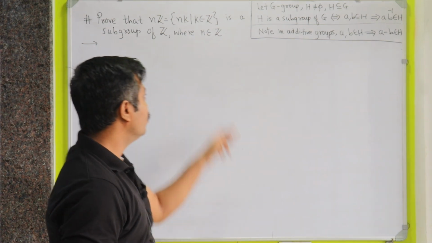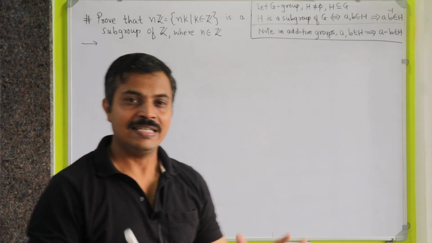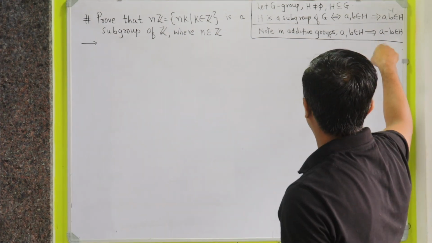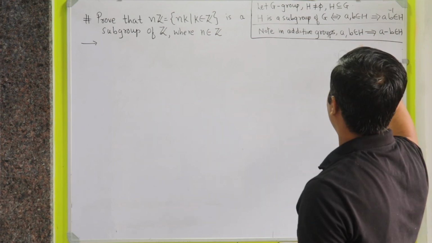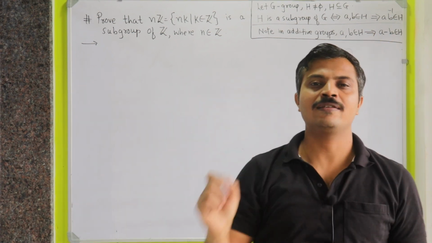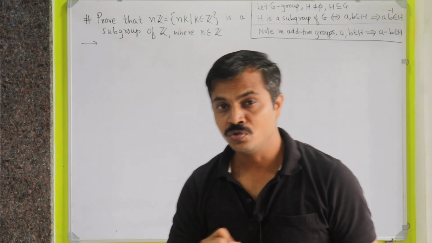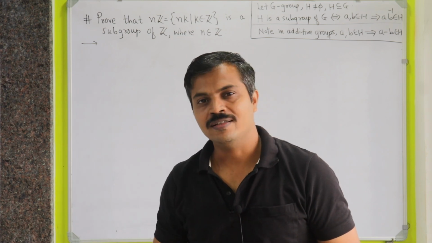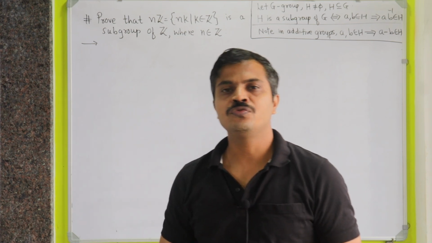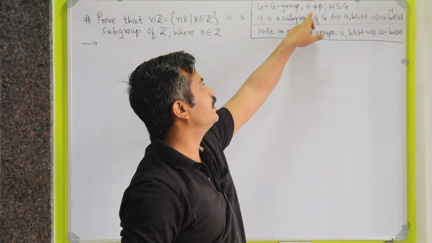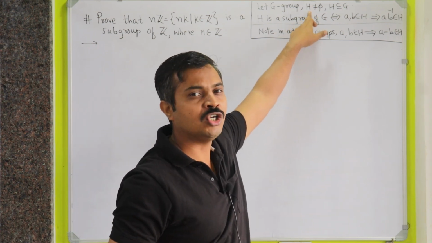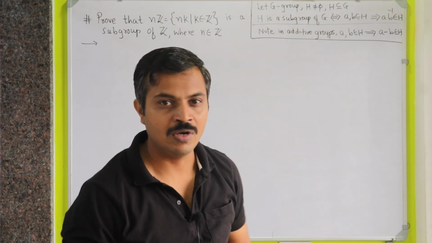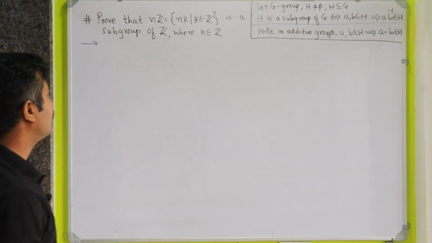Now here we know that Z is an additive group, so we are supposed to use this one, that is a, b belongs to H implies a minus b belongs to H, in order to show this collection is actually a subgroup of Z. Now let us try to prove that the set nZ is non-empty first, because that is an assumption of our one step subgroup test.